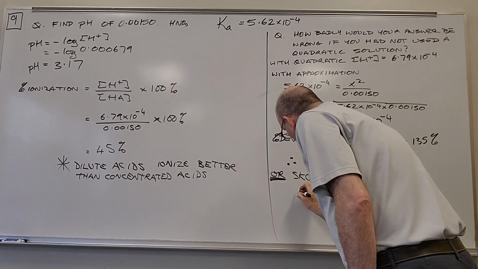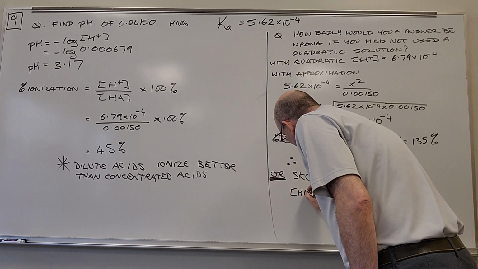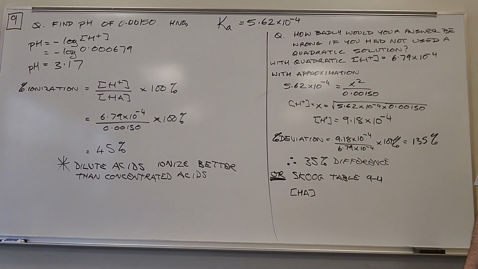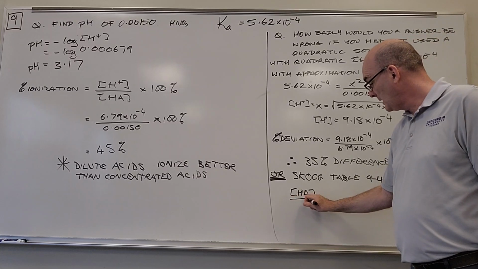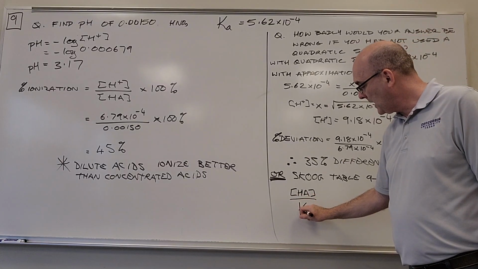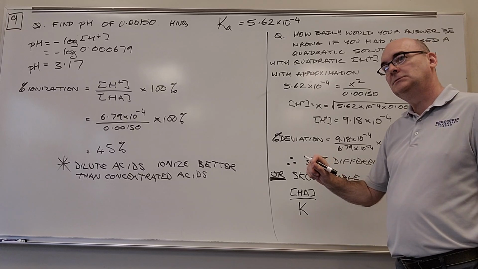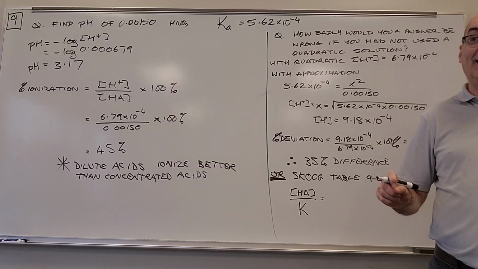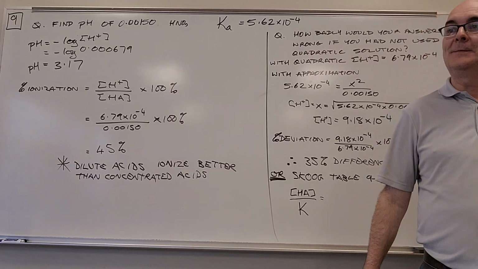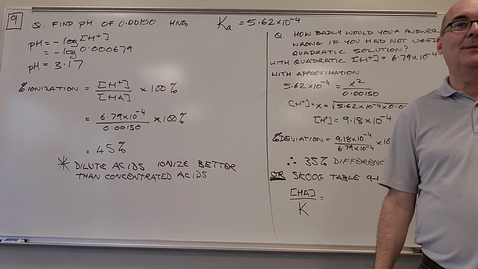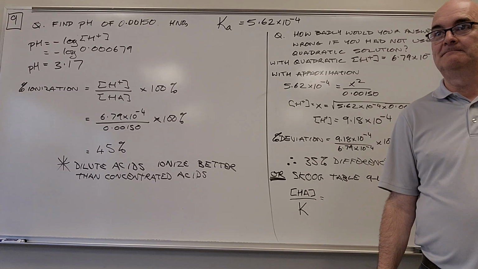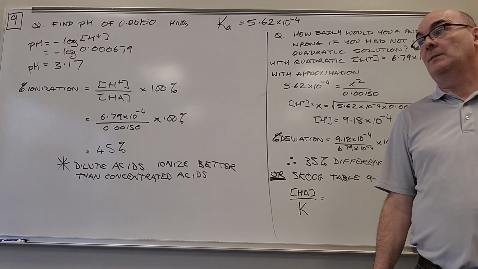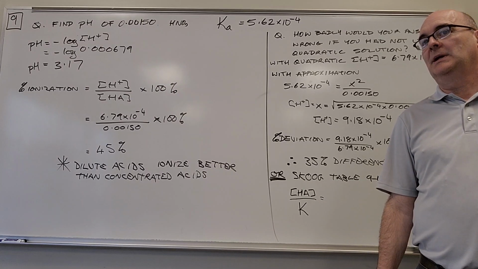And we do that by taking the concentration of the acid and dividing it by K. It gives us a number. And then we look in the table for that number. And the table tells us how much error to expect. The good news is it's a table, so it's quick. The bad news is it tells you a range.